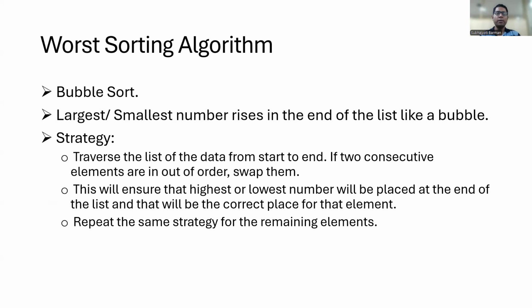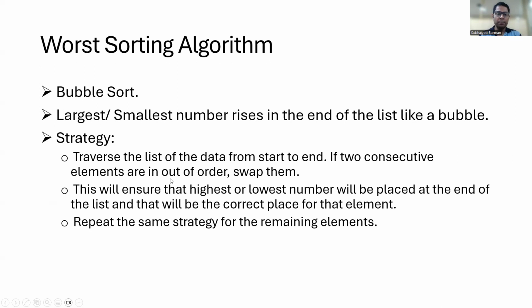Now we will discuss the worst sorting algorithm, or most inefficient sorting algorithm. You may ask why we should learn any worse algorithm? Because if you learn this algorithm properly, then you can easily identify the loopholes of this algorithm and where we can make optimization.